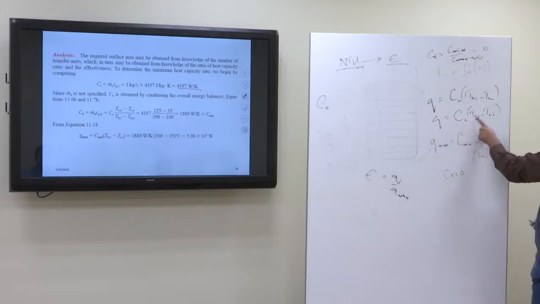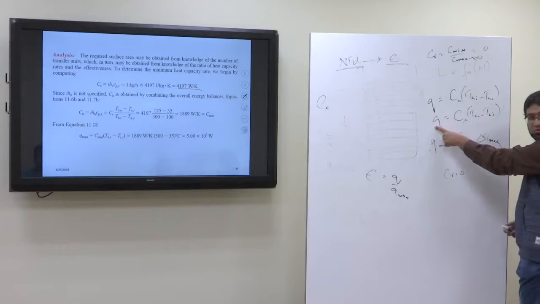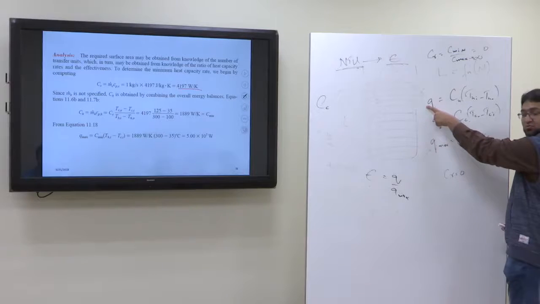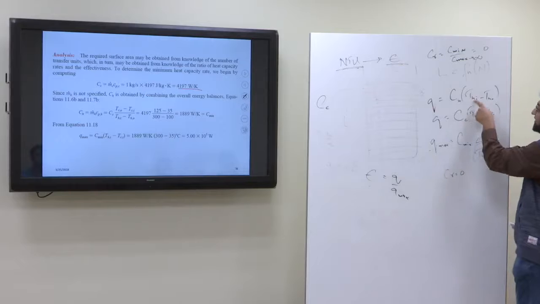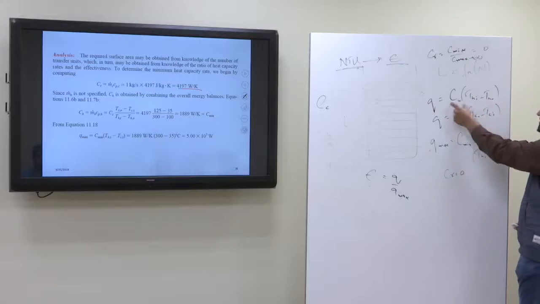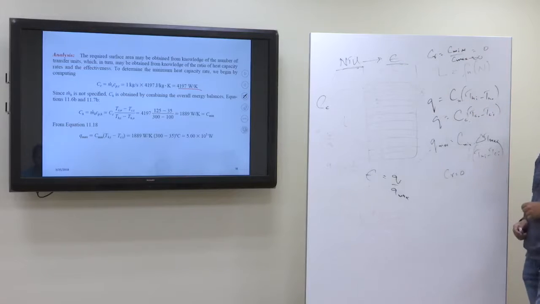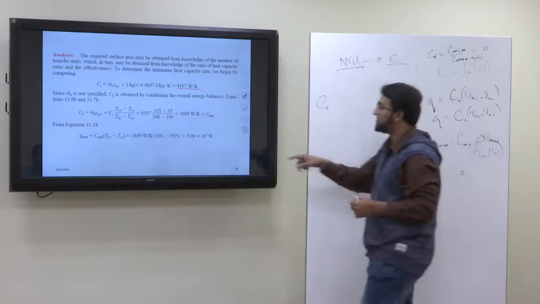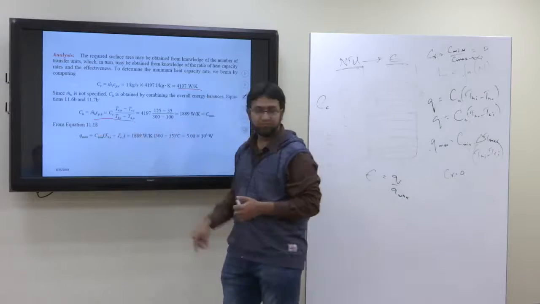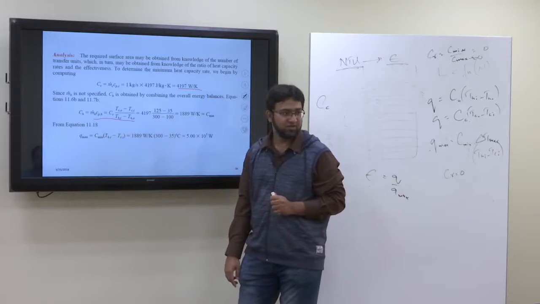If you know Cc and Tc out, Tc in, you can find what is Q. This Q will be the same as this Q, and T hot in and T hot out you know, so you can find what is Ch. Is it clear? They did this all in one step here.